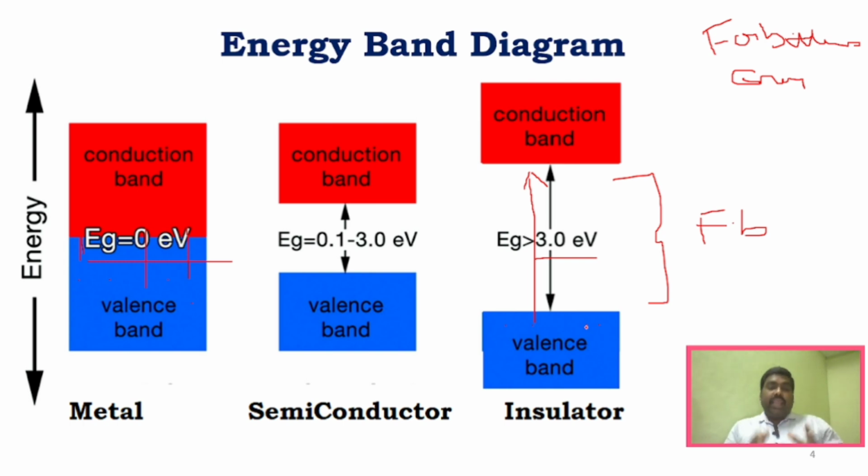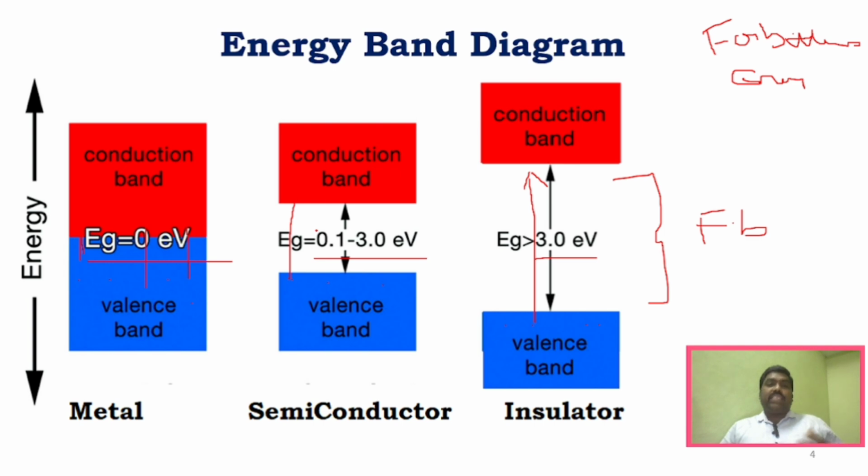And if you take a semiconductor, the forbidden energy gap is minimum. It varies from 0.1 to 3.0 electron volt, right? And it varies depending on different materials and different types of semiconductors. Here the electrons present in the valency band can reach the conduction band if they can gain external energy, right?